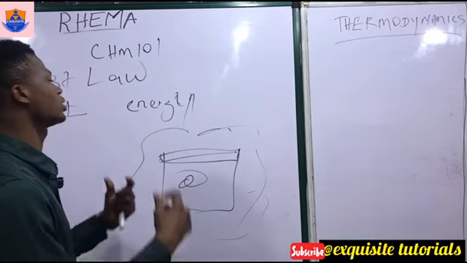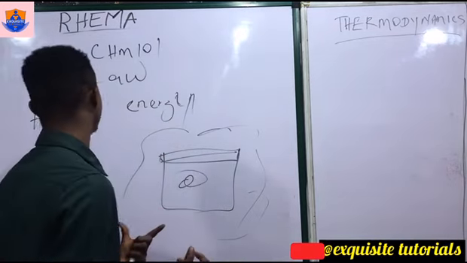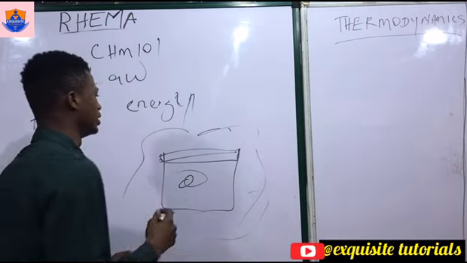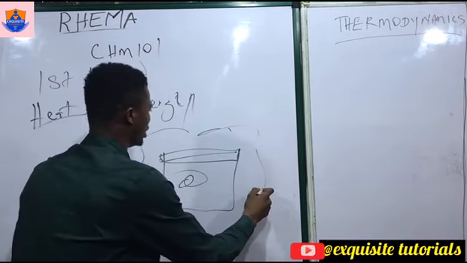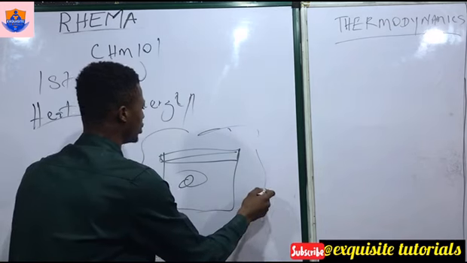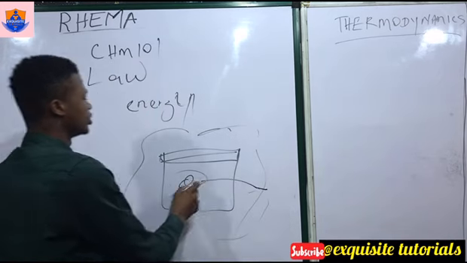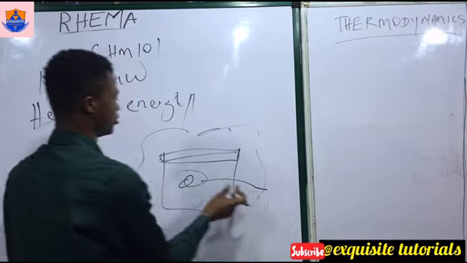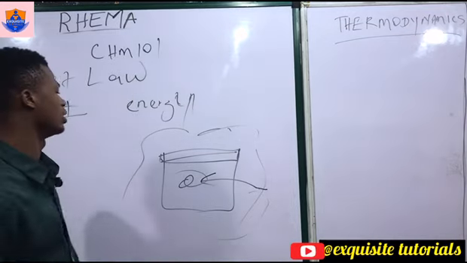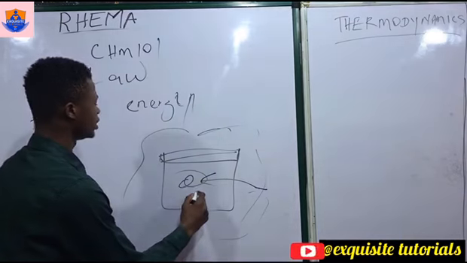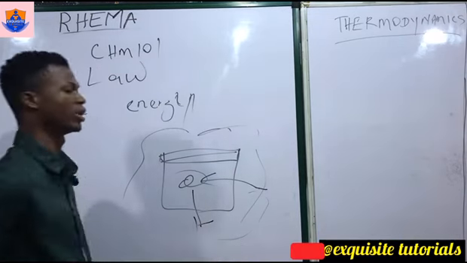Now, what the first law of thermodynamics is making us understand is that heat can be transferred from the surrounding to the system, or heat can go from the system to the surrounding.